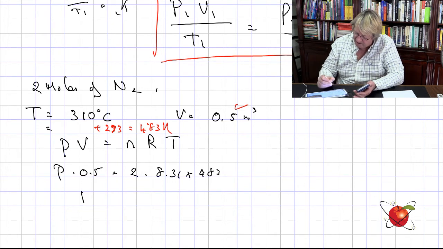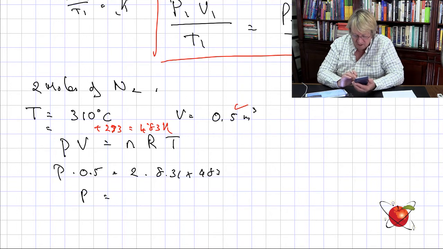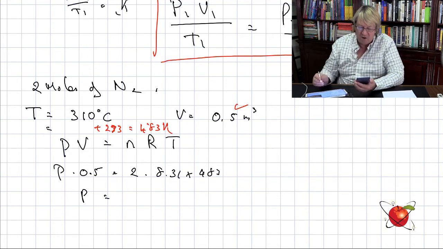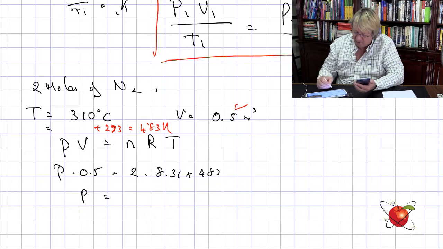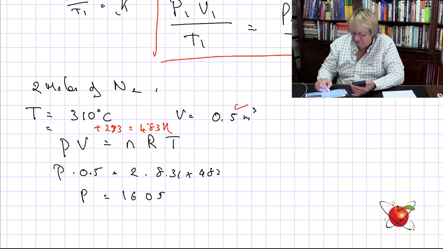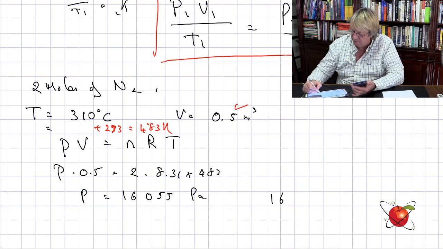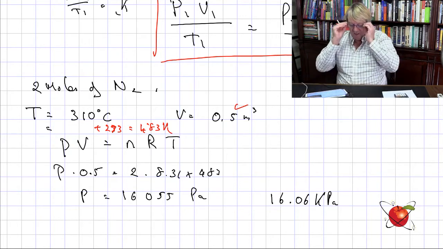So therefore the pressure is going to be 2 times 8.31 times 483, divided by 0.5, which is going to be 16054, or let's say 16055 rounded off Pascal, which is going to be 16.06 kilopascal, right? So there we go, okay.